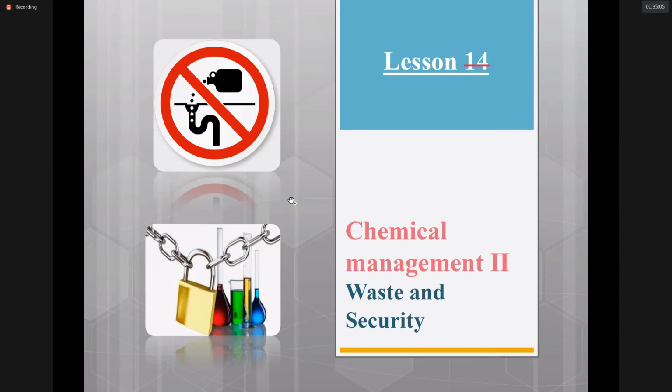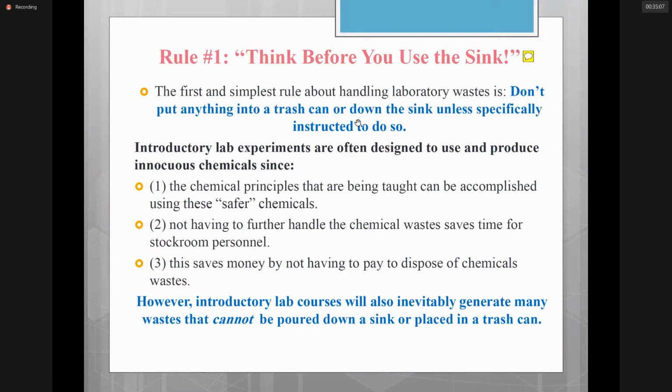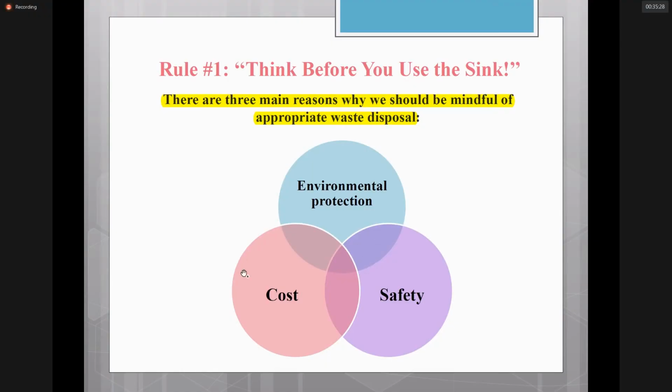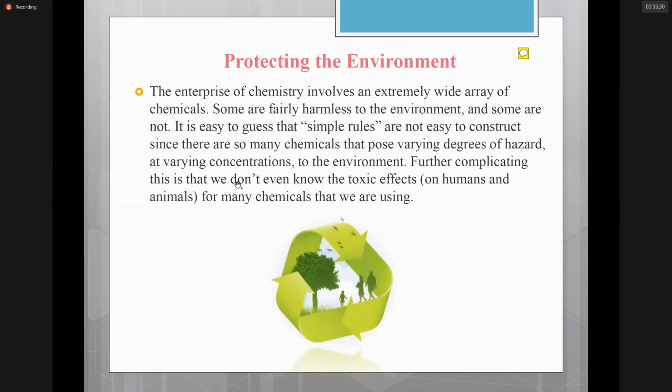We're still in chemical management and security, and again تلاحظون أول 10 slides review أو مراجعة للبارت 1 للwaste management. فتذكير ب what we do while we are using the sink. The cost and safety and environment protection are connected. Our goal from wasting the chemical is, of course, mainly to protect our environment.